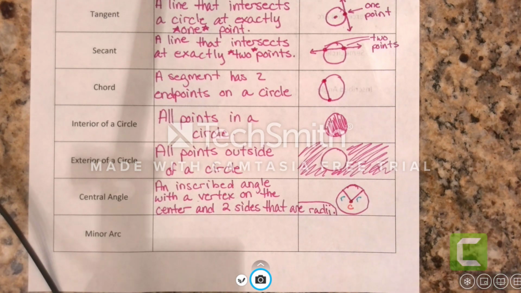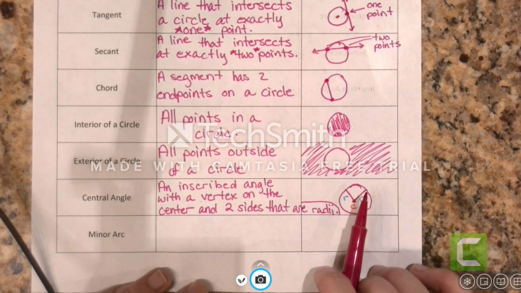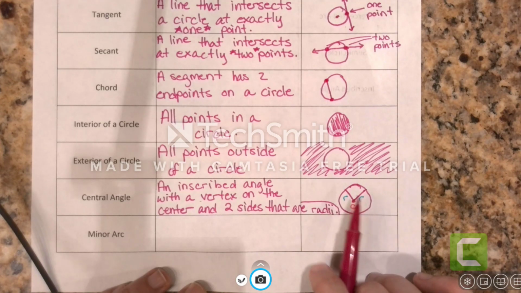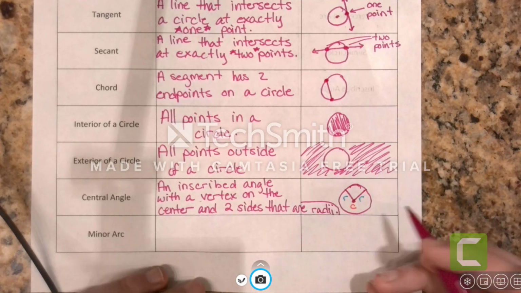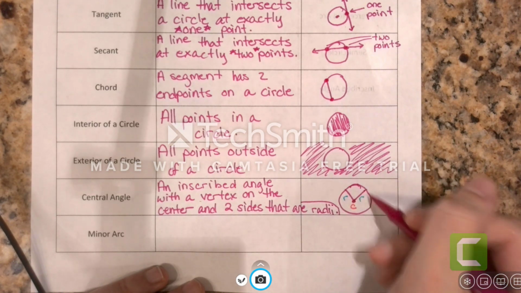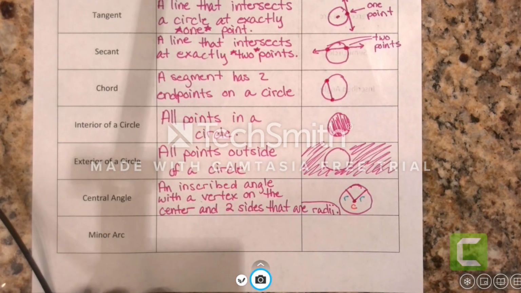But notice here, in this central angle, we have a kind of intercept going on. Something's being cut apart, right? This angle right here is cutting our circle off. What we're going to learn now is how to describe what happens when this is cut. Let's take a look at minor arcs.